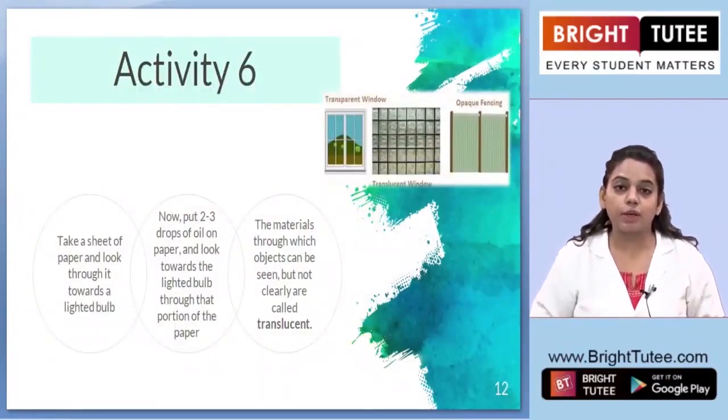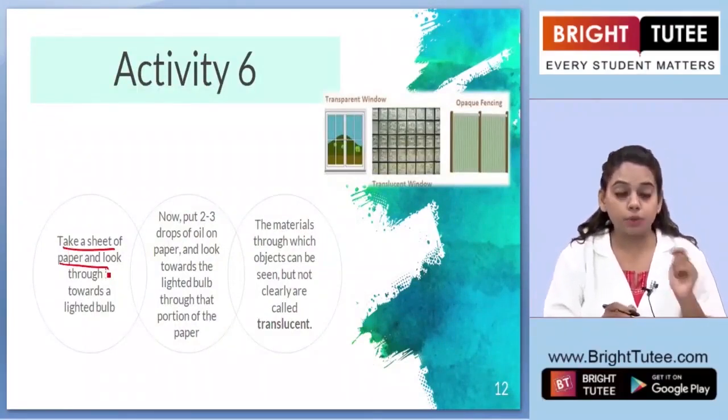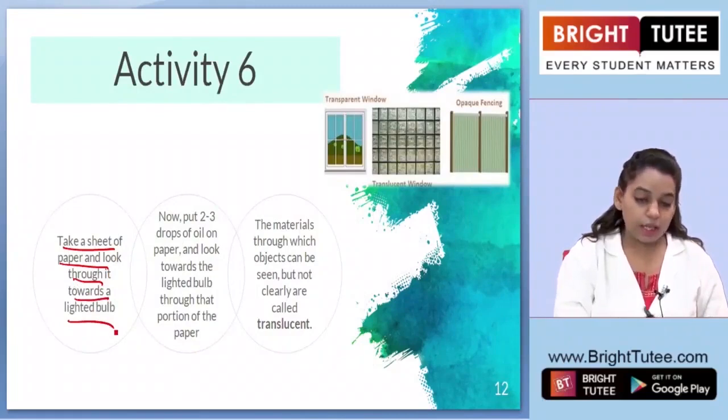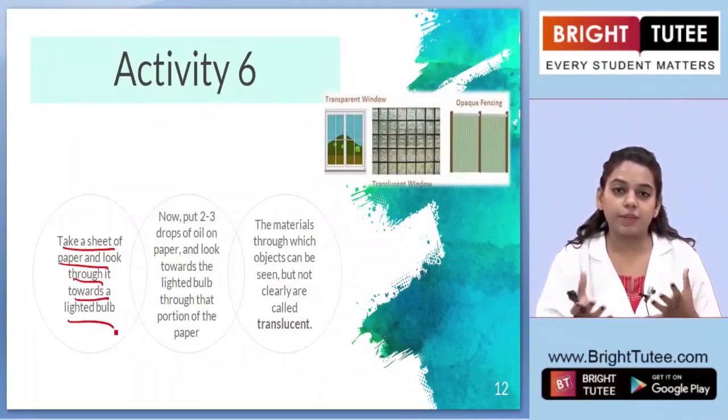Now we will conduct one more activity. You will take a sheet of paper and try to look through it towards a lighted bulb, and you will not see the light very clearly.